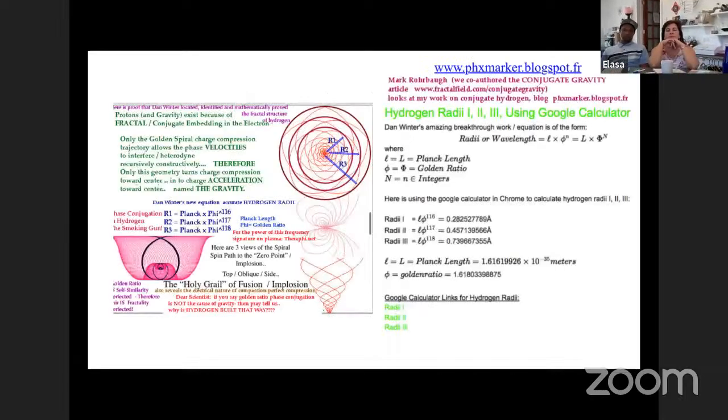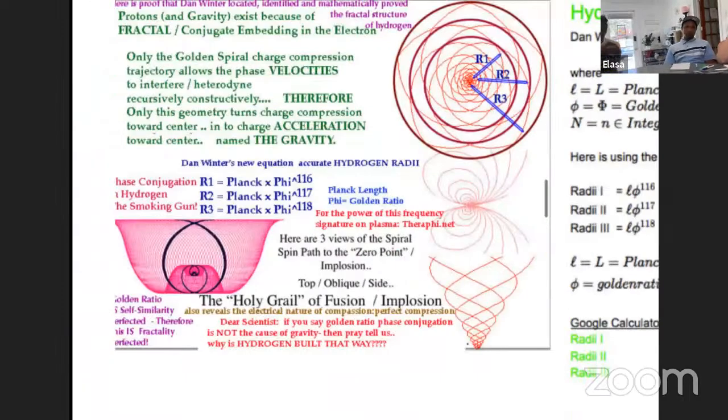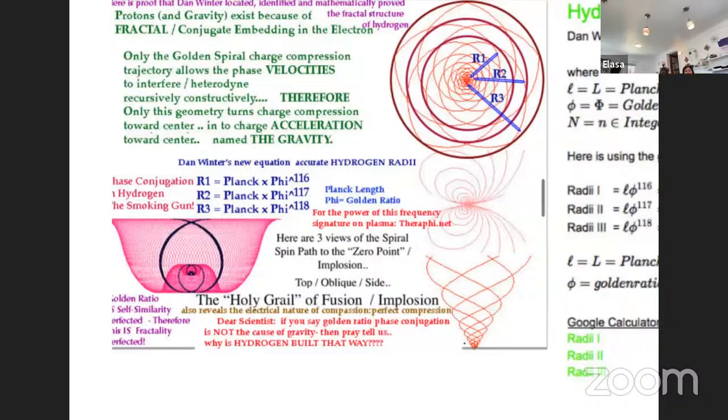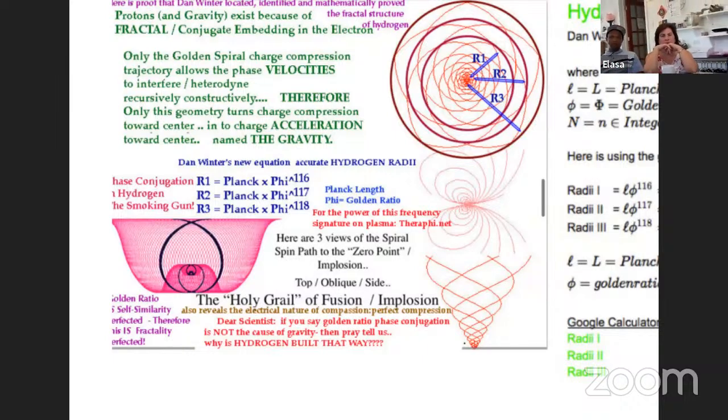He was able to see that when he looked at the 3 radii of hydrogen, they exactly fit this Planck times phi. The first radius of hydrogen was phi to the 116. The next radius was phi to the 117. The next was phi to the 118.